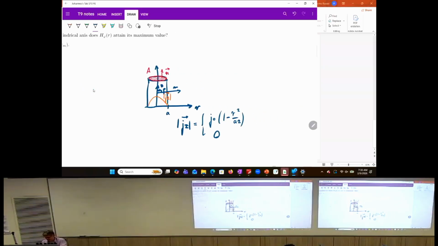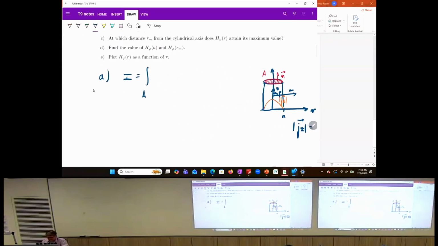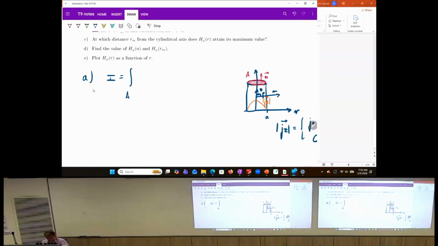So this is for r smaller or equal to a, and this is for r larger than a. So let's integrate over the current density that goes through this area element that I have graphed in there.